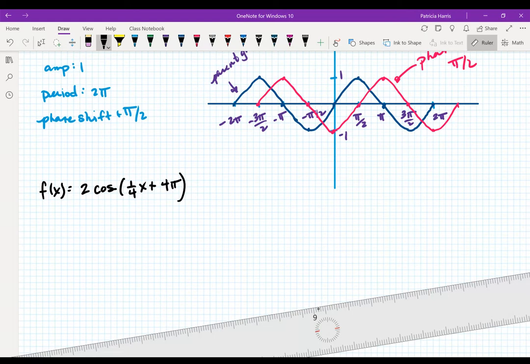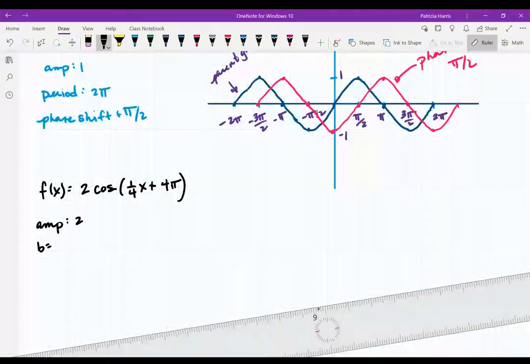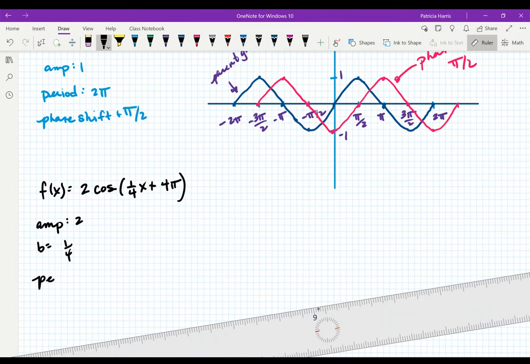Oh, let's make this left. Okay, so that looks awful, doesn't it? Okay, so I know my amp is 2. Okay, now my B is 1/4. So that means my period is 2 pi divided by 1/4, which is 2 pi times 4 over 1, which is 8 pi. So it's very wide, very long.